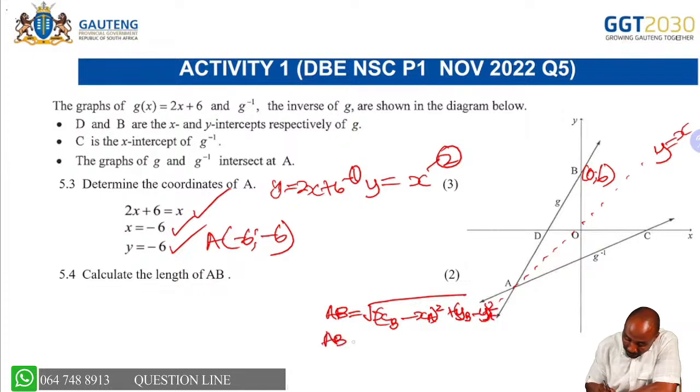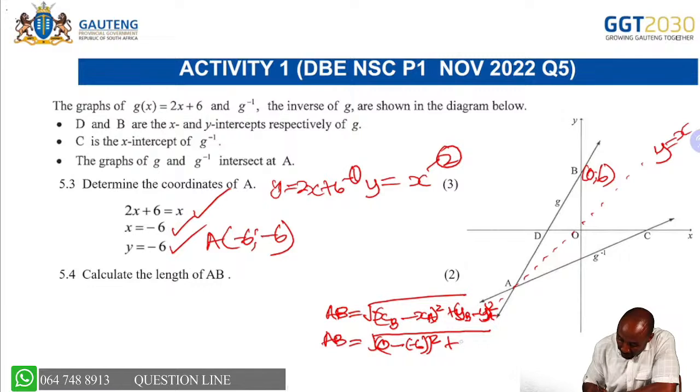So AB becomes the square root. Our x at b is going to be 0 minus our coordinates of a, -6. We square that plus our y at b is going to be 6 minus our y at a, which is also -6.